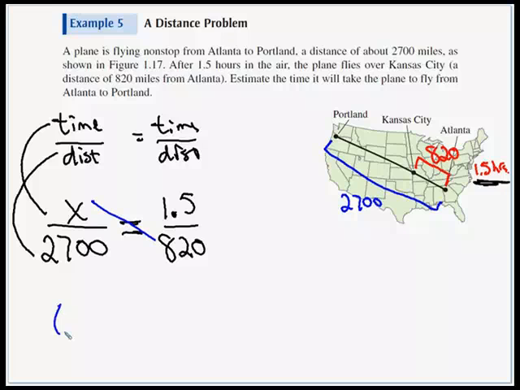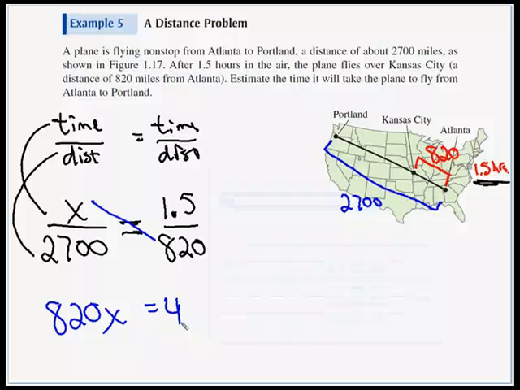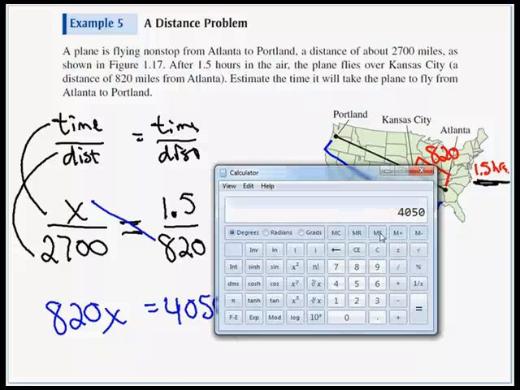Multiply here on this diagonal, you get 820 times x, and that is equal to 1.5 times 2,700. So 2,700 times 1.5 is 4,050. And if we take 4050 and divide that by 820, we get the same answer, 4.939, or round that off to 4.94.